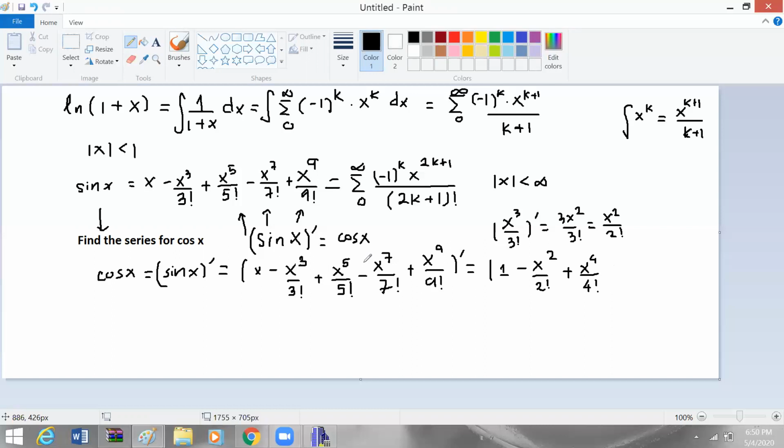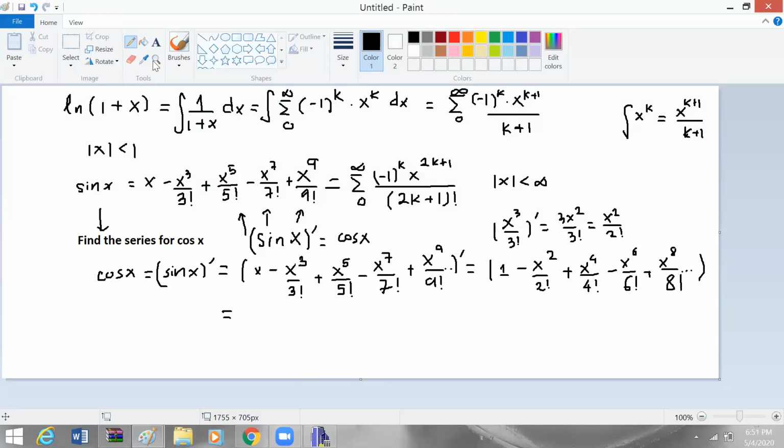You pull out a 7, so that'll be 7x to the 6 over 7 factorial, and we're going to have x to the 6 over 6 factorial for that part. And finally, we keep going, so that'll be x to the 8 over 8 factorial, dot, dot, dot.